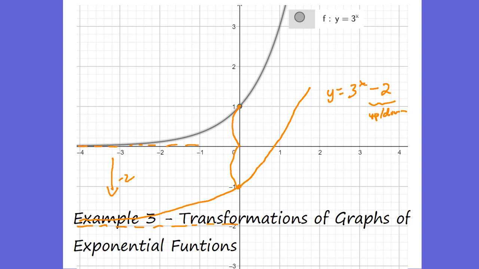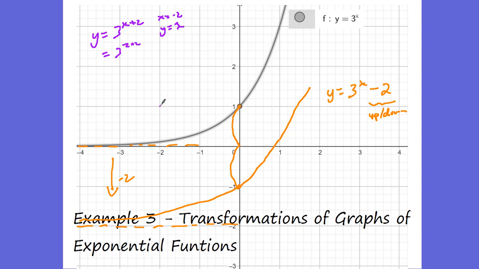There's something else you could do rather than shifting it up or down, and that's shifting it left or right. So how are we going to shift it left or right? Well, if we have something like y equals 3 to the x plus 2, okay? Think of where that exponent becomes 0. When x is equal to negative 2, that negative 2 plus 2 is 0, so y is going to be equal to 3 to the 0 power, or 1.